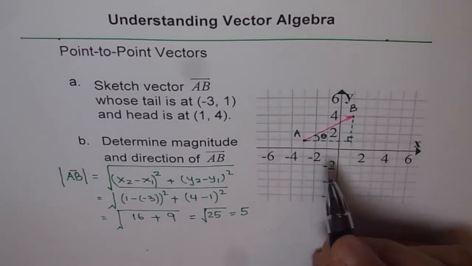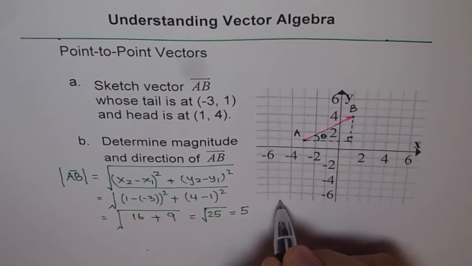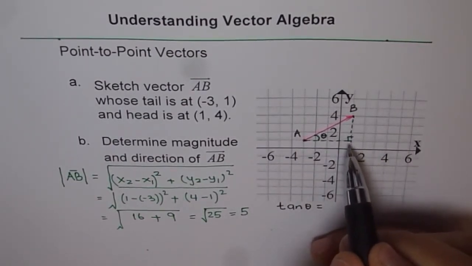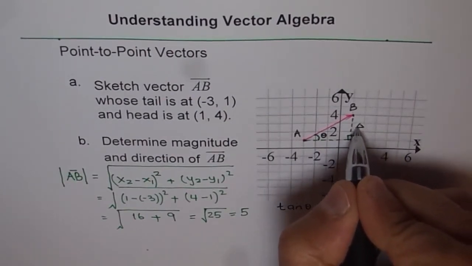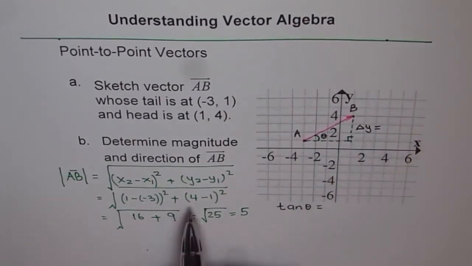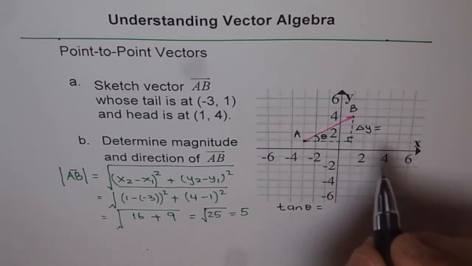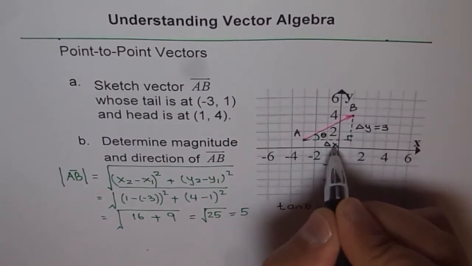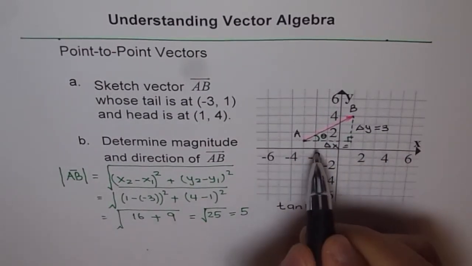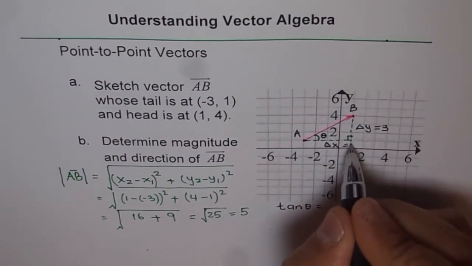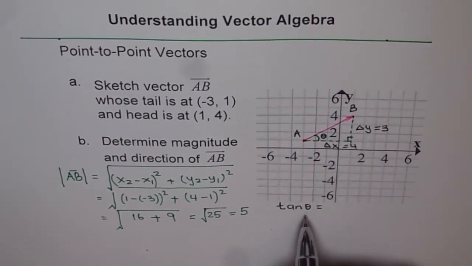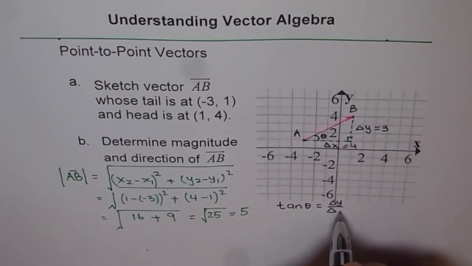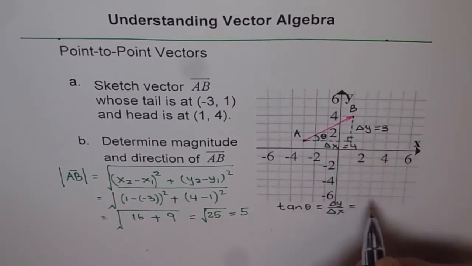To find theta, we can use tan theta. Tan theta is the change in y over the change in x. Change in y, delta y, equals what we just calculated, 4 minus 1, which is 3. You can count 1, 2, 3. And change in x equals 4. You can count 1, 2, 3, 4. Tan theta is delta y over delta x, that means 3 over 4 for us.